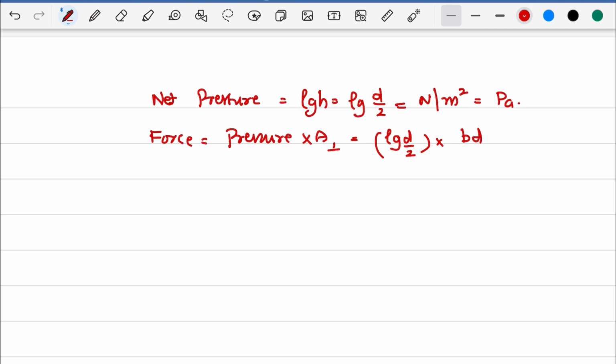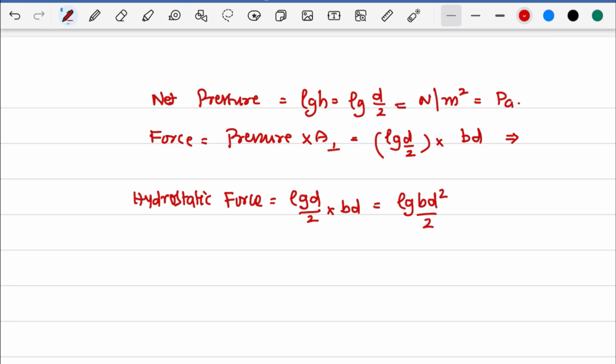That implies hydrostatic force is equal to rho g d/2 into BD, that is equal to rho g BD square by 2. Please remember this.